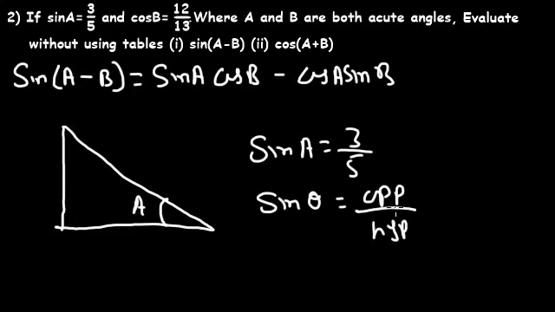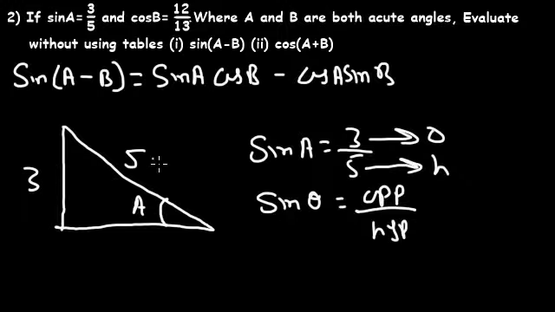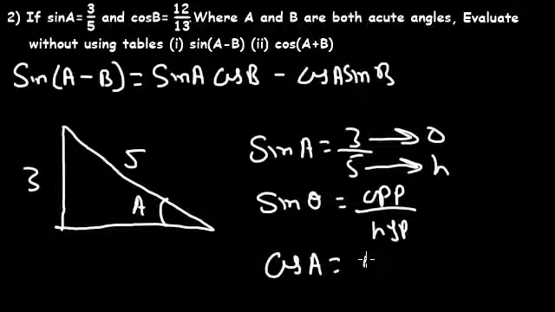This simply tells you that this 3 is the opposite side and this 5 is the hypotenuse. So this will be 3 and this will be 5. But you know that you can always get the value of cosine A. Cosine A is equal to what? The adjacent divided by the hypotenuse.